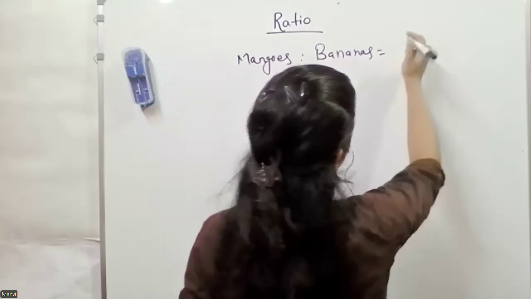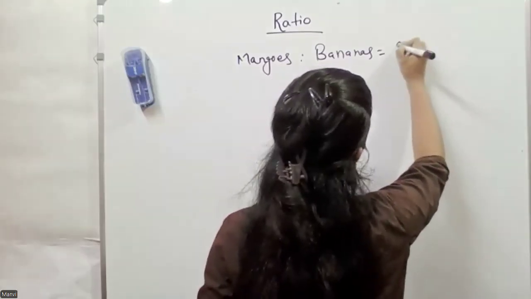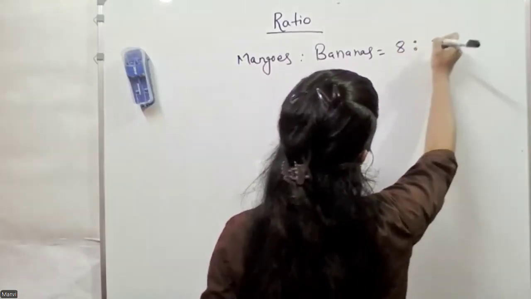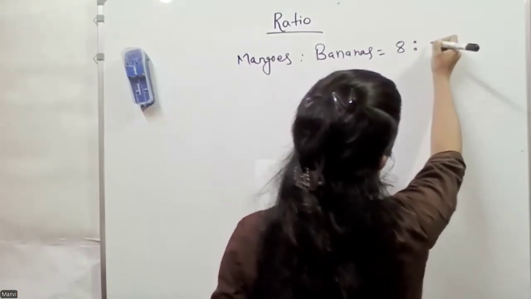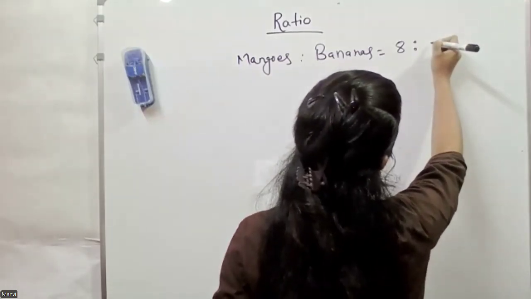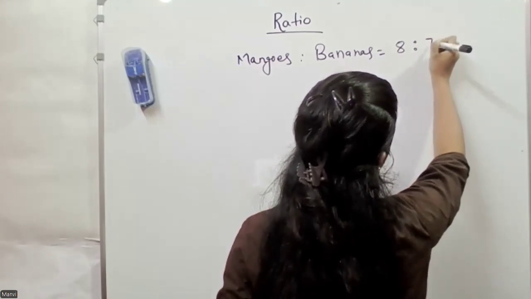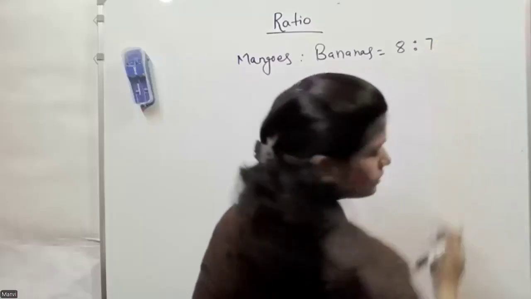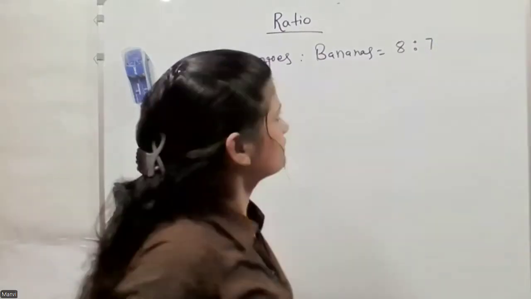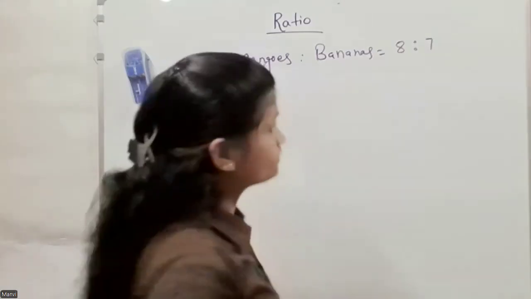No, 8:7. The numbers are close to each other, then it will become difficult for you.